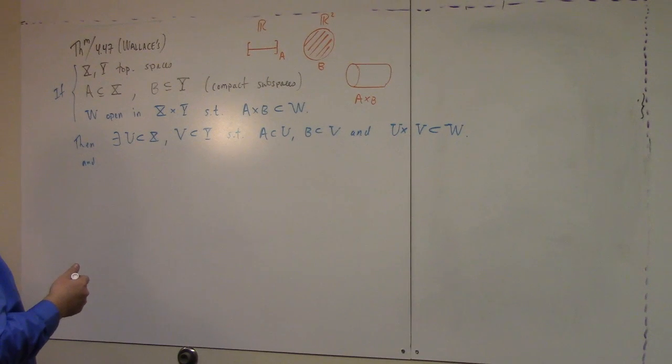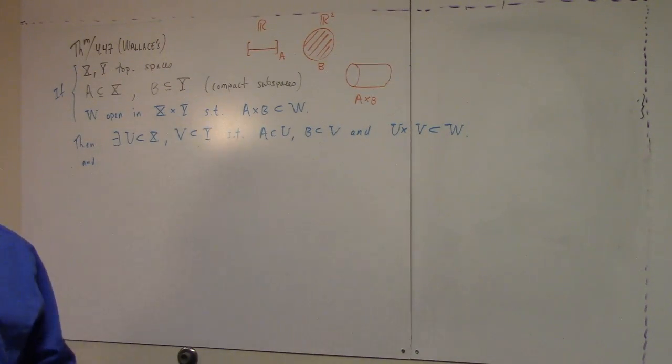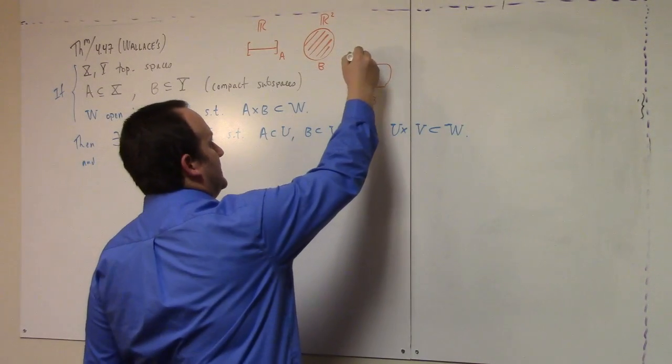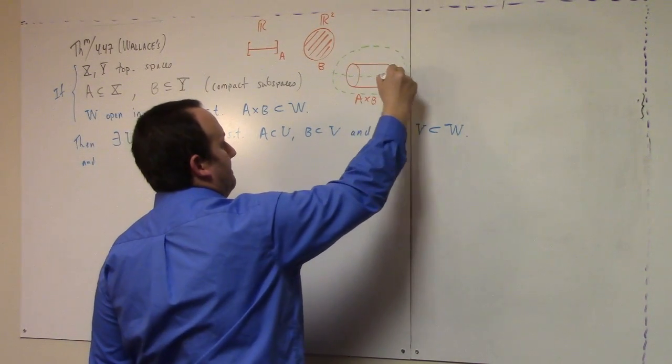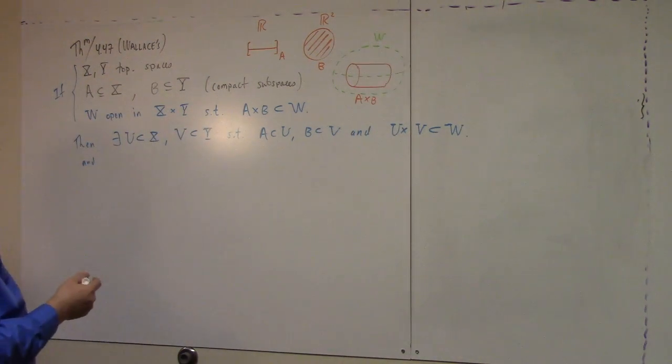So there's also a W that contains A cross B. A is a subset of U. Yeah, there's a W, out there. W is given as an open set.